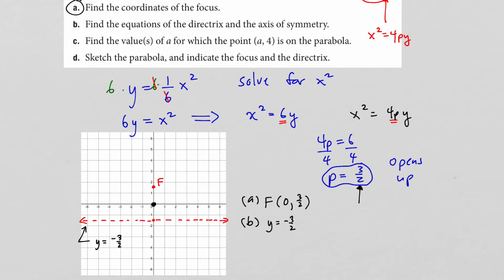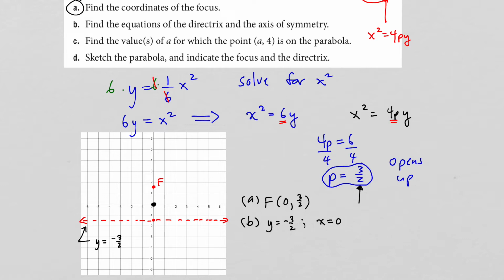And then again, your parabola opens upward like this, which I haven't drawn yet, but the axis of symmetry is going to be here. Notice that the axis of symmetry has to go through both the focus and the vertex. So it's this line right here, and that line is the y-axis, or we can say that's the equation x equals 0.